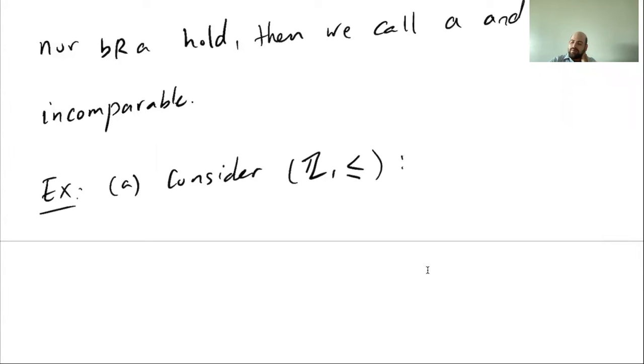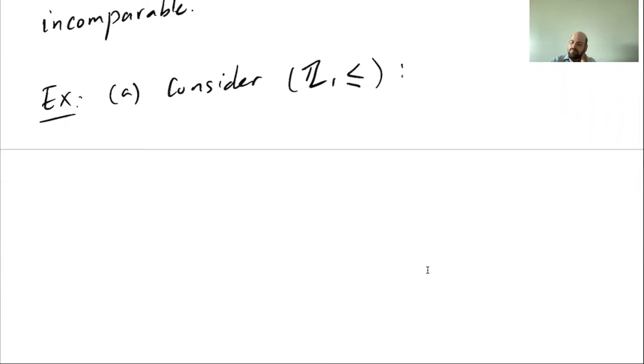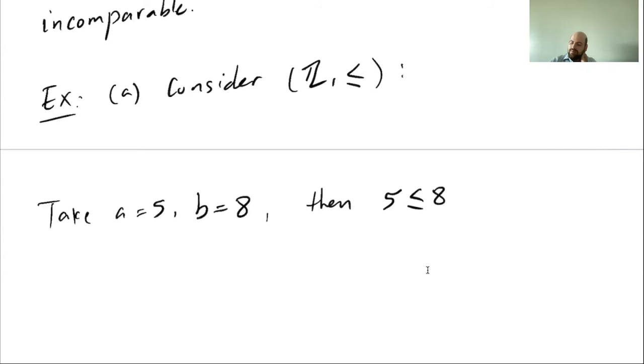Now let's consider two elements in this set. Take A equals 5 and B equals 8. Then 5 is less than or equal to 8, so 5 and 8 are comparable.